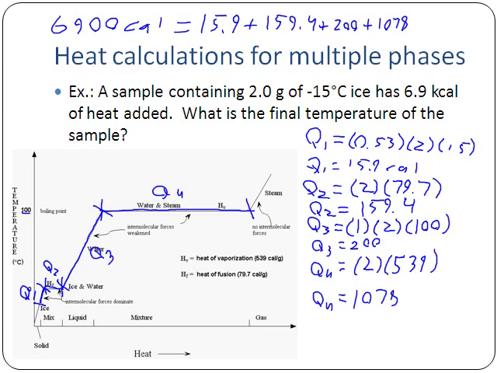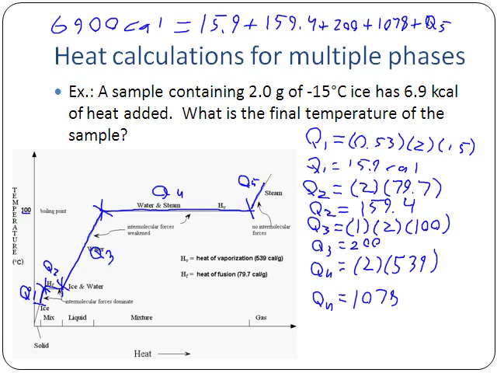But we only have one section left, that's this very last steam section right here. We know that has to be a Q5, but do we know how much that is? Well, we sort of do. We don't know what Q5 is, but if we add it to those other heats, it has to equal 6,900. Since that's the one left over, we can take 6,900 and subtract off the existing heats we have.